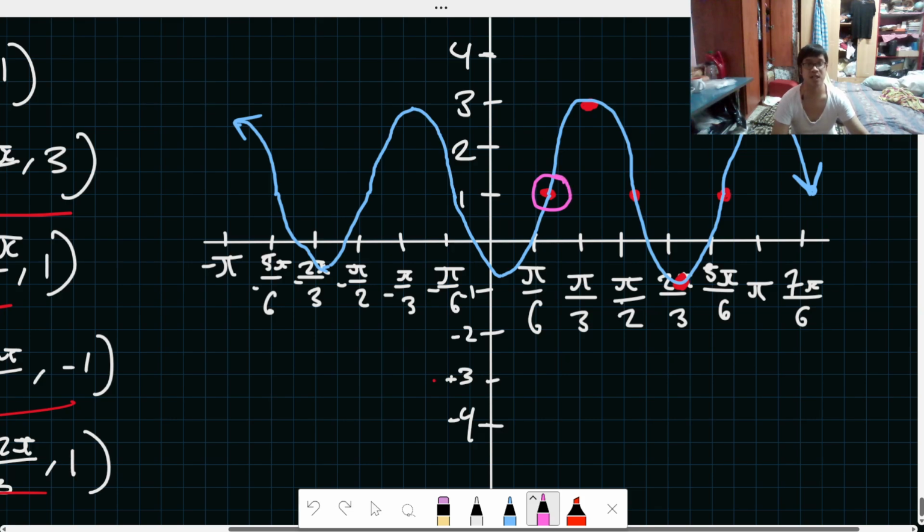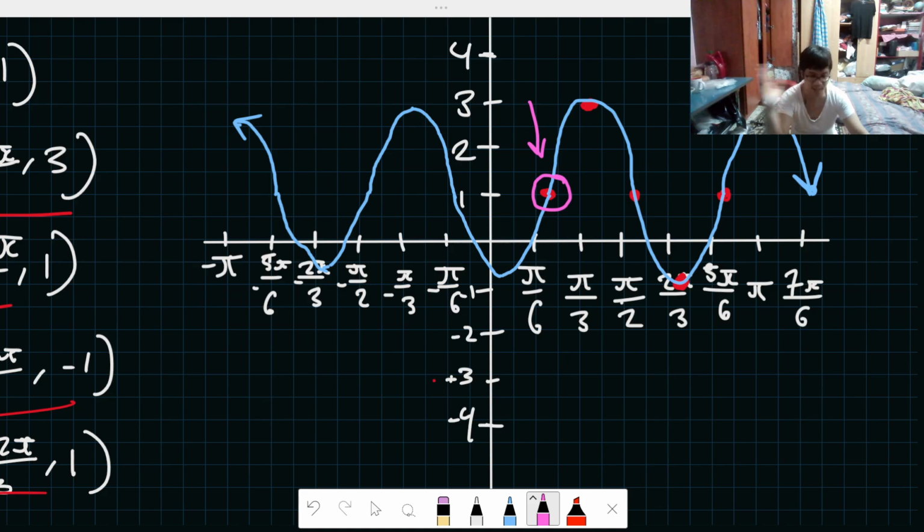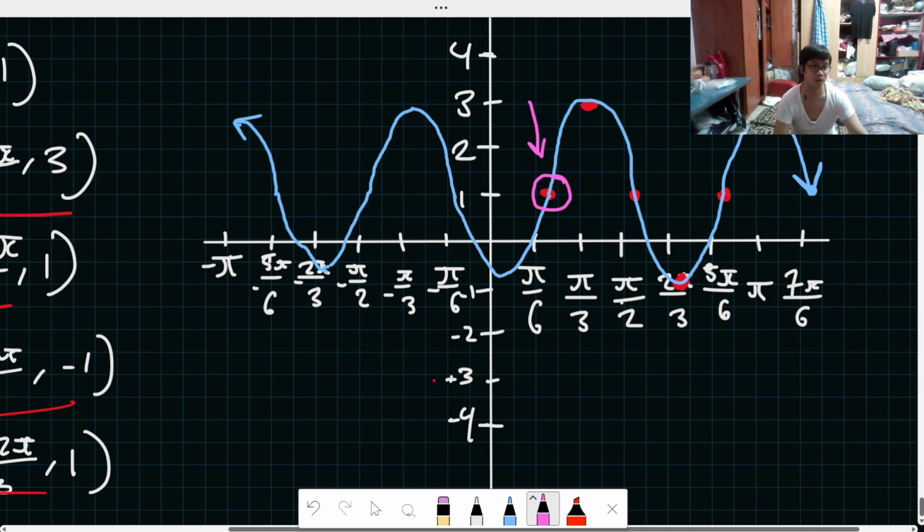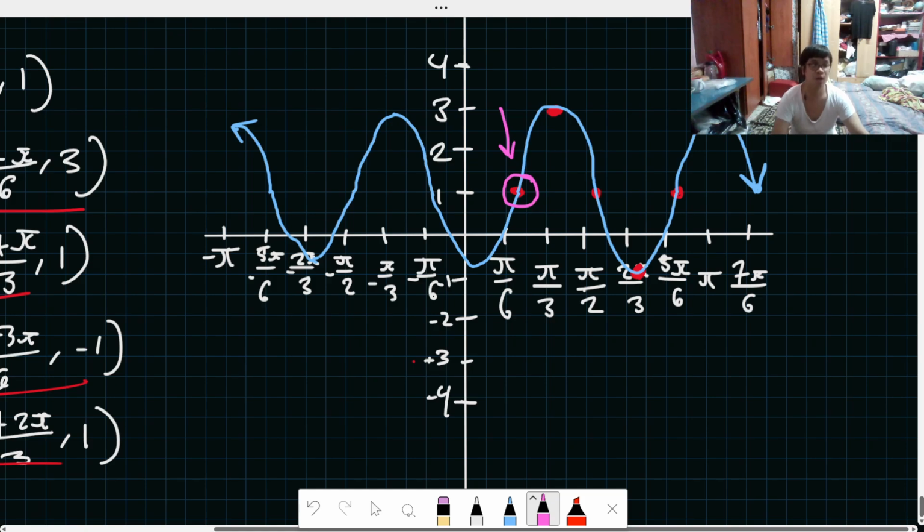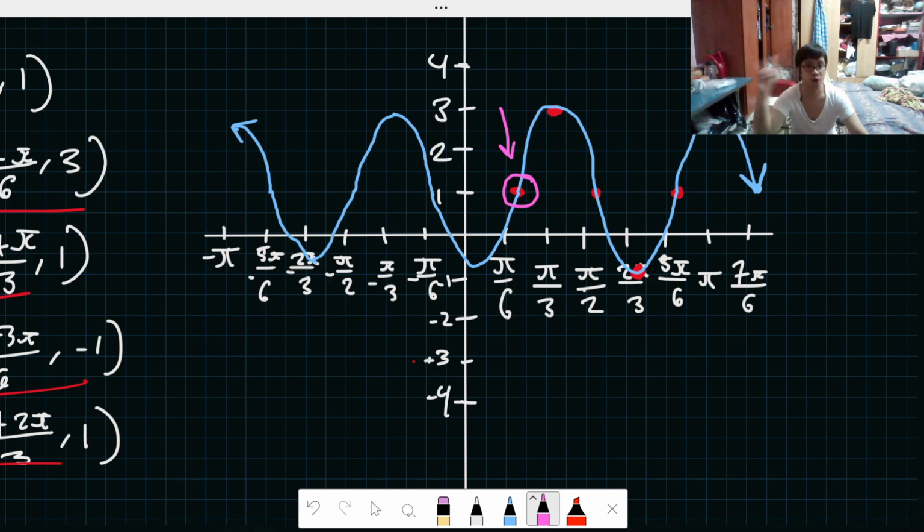Initially it should be on the y-axis. However, it's here, so there exists a movement horizontally. It moves 2/3 or 0.67 going to the right.